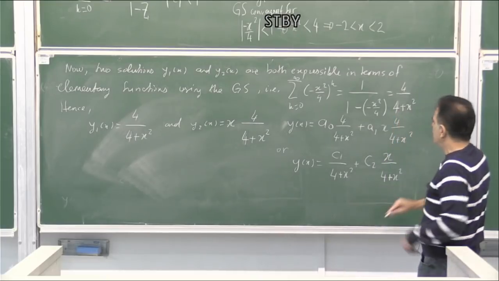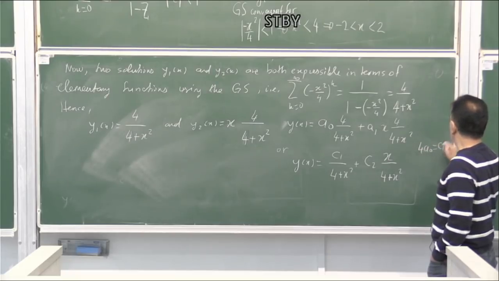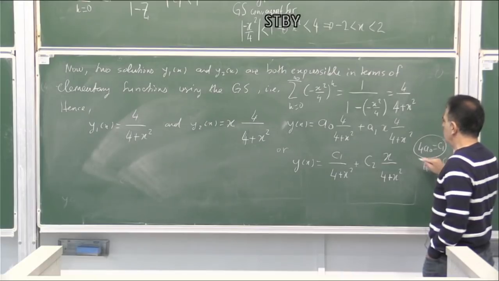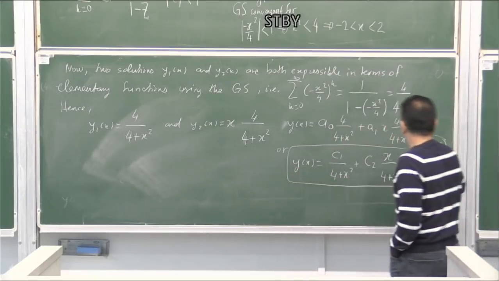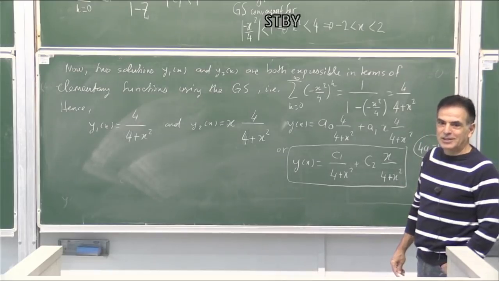Good. So I choose 4a0 as c1 and 4a1 as c2. So again, we write the two solutions in terms of elementary functions.